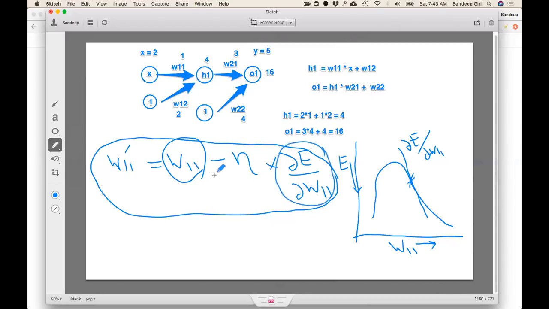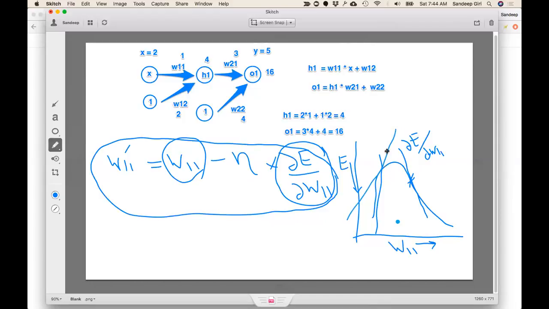Imagine we were here. This is a positive slope. We have some value assumed for W, and we need to decide which direction to go.